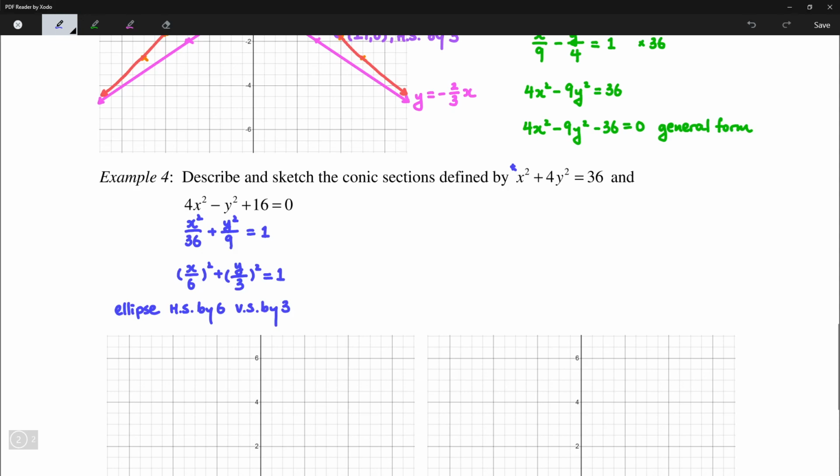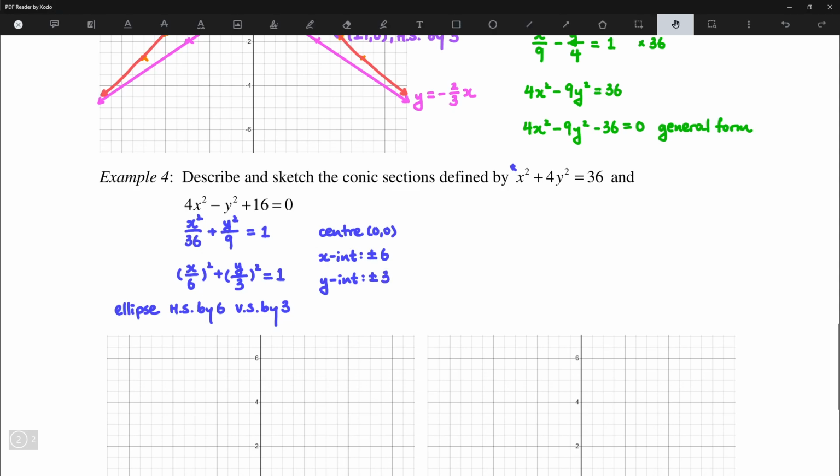So since it was not translated, we know that its center is going to be at 0, 0. We know that the x-intercepts, there will be 2 of them, instead of being at plus and minus 1, because of the horizontal stretch by 6, the x-intercepts will be at plus or minus 6. And also the y-intercepts, instead of being at, again, plus or minus 1, they will be at plus or minus 3 because of the vertical stretch by 3.